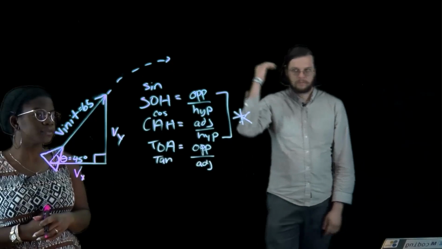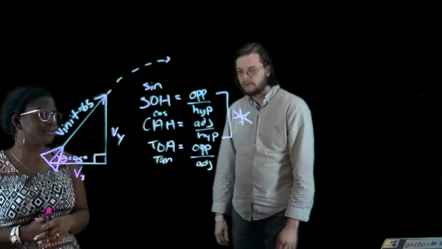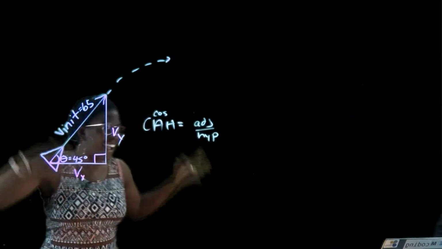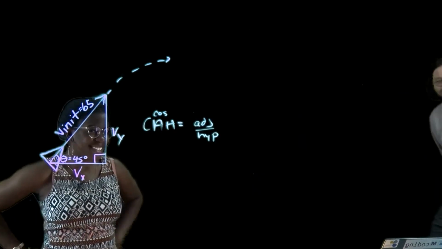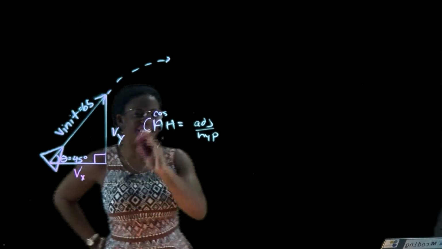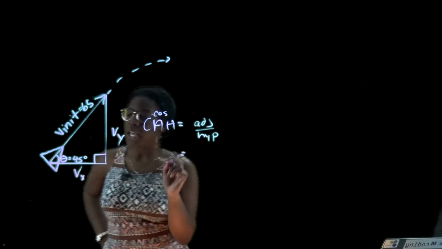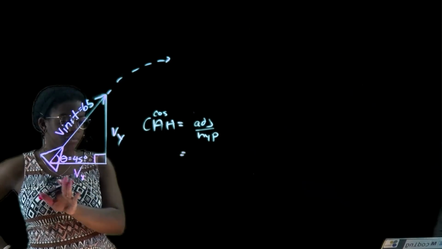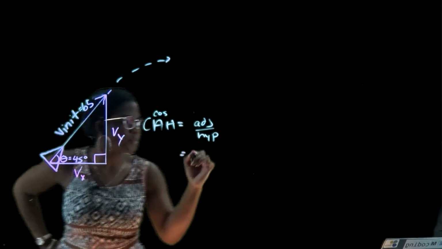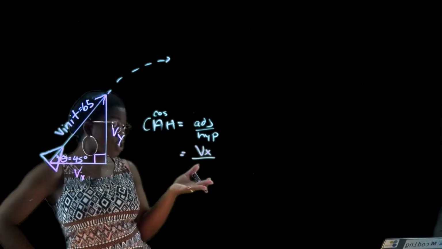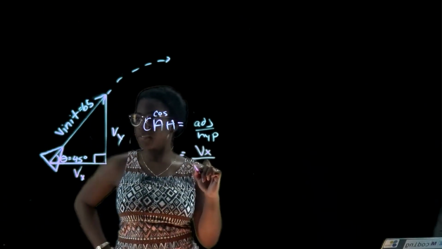So let's go ahead and try that. Let's start with Vx. So, jazz hands, we're back with fun drawing. We have cosine, which is adjacent over hypotenuse. In this case, adjacent to our angle is the Vx, and our hypotenuse is going to be V initial, which is our initial speed of 65.